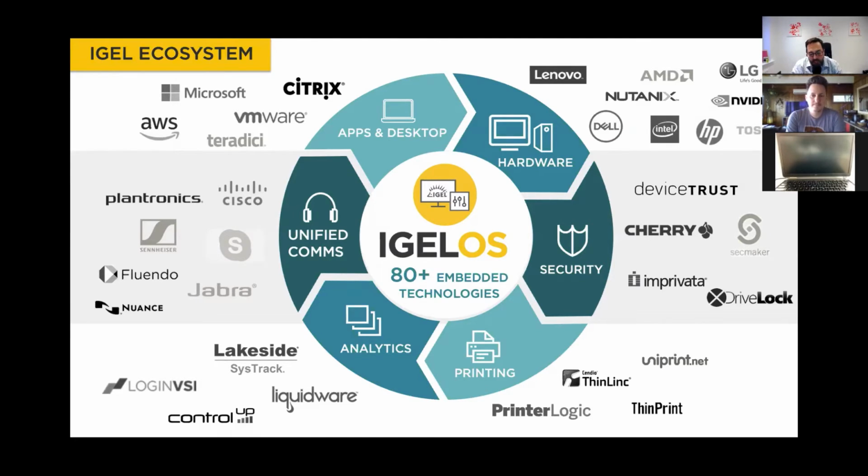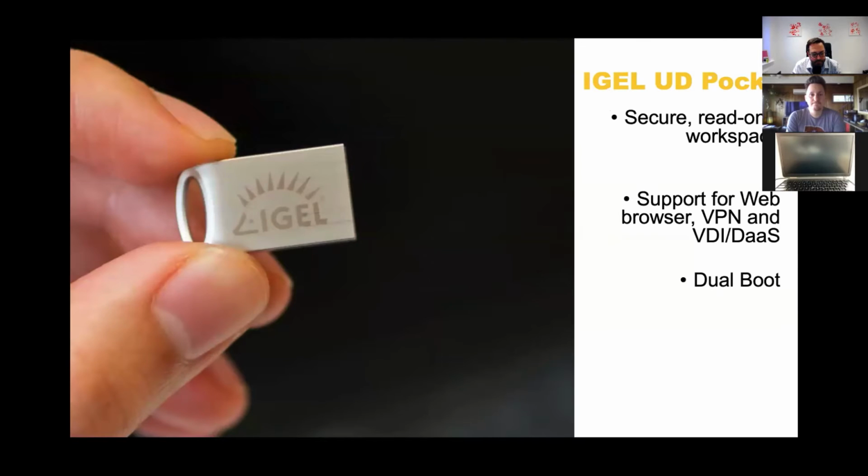It's an operating system that's fairly mature now in terms of its life cycle, and it allows us to deploy an operating system that not only a user can use, but also an IT administrator can get the very, very most out of as well.